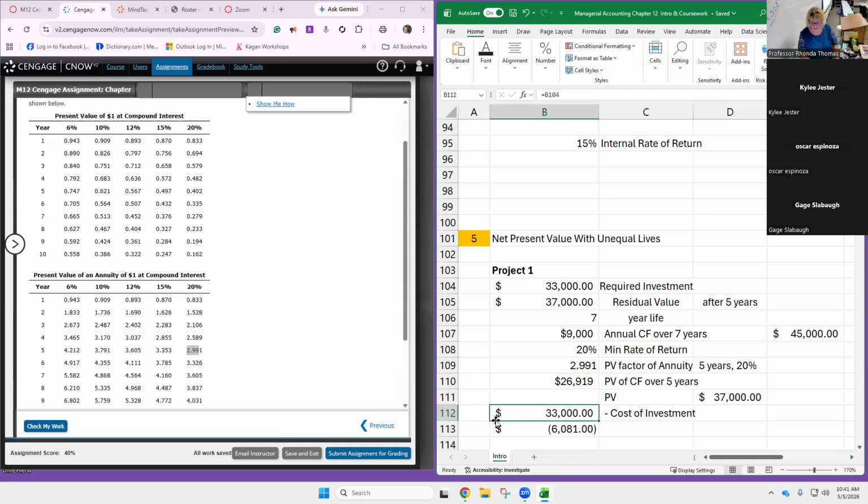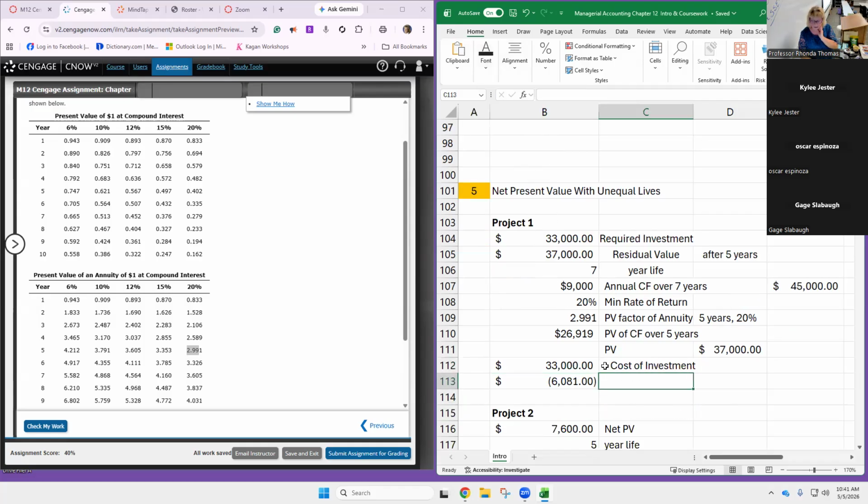And then we subtract the cost. We're getting that residual as proceeds coming back to us because of the project. So this is the present value of the residual value, which is the sales price in 5 years.